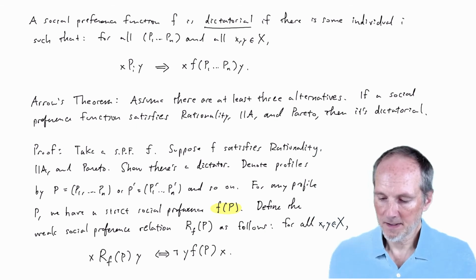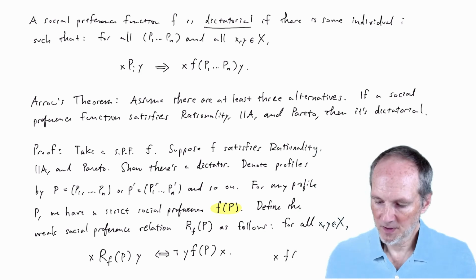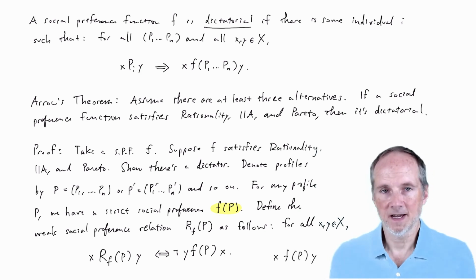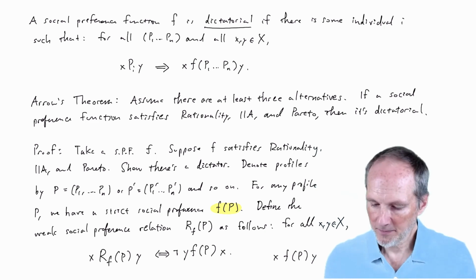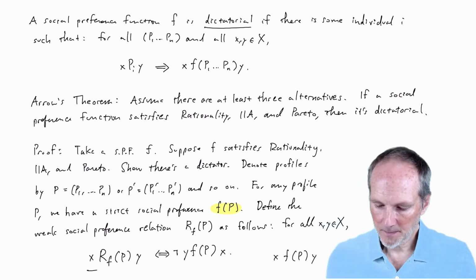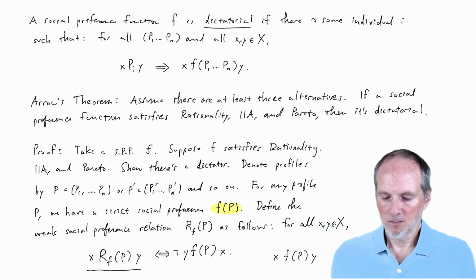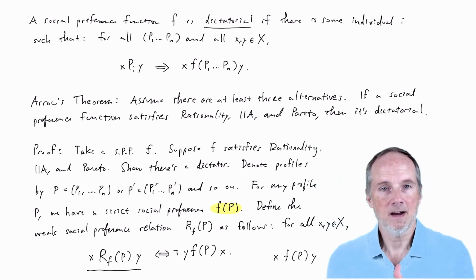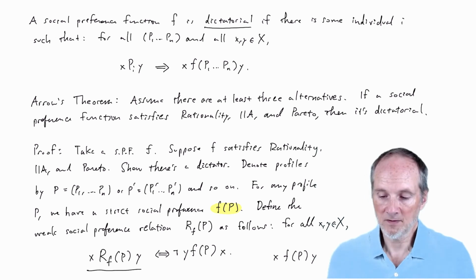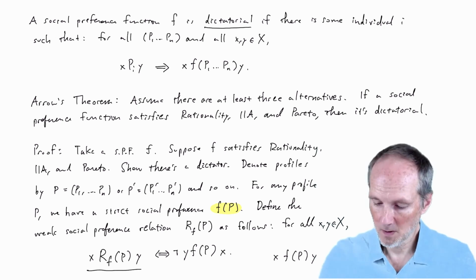If we have X socially preferred to Y, that means X is higher than Y in the social ranking. And if we write X weakly preferred to Y, that means in the social ranking, it's ranked at least as high as Y. Could be at the same level or higher.